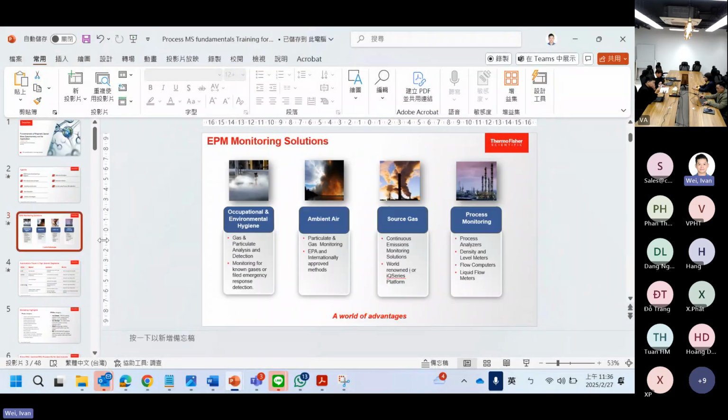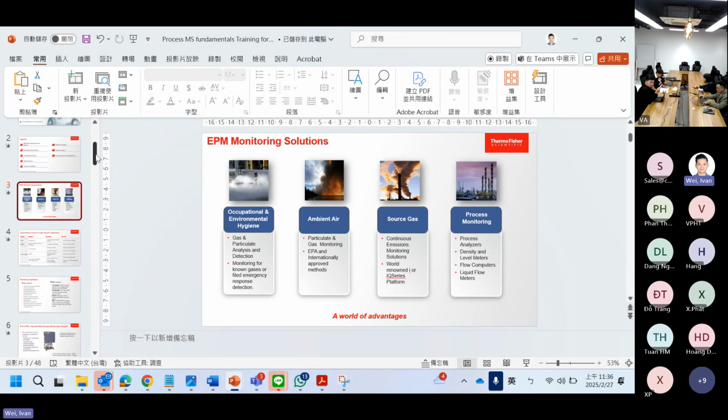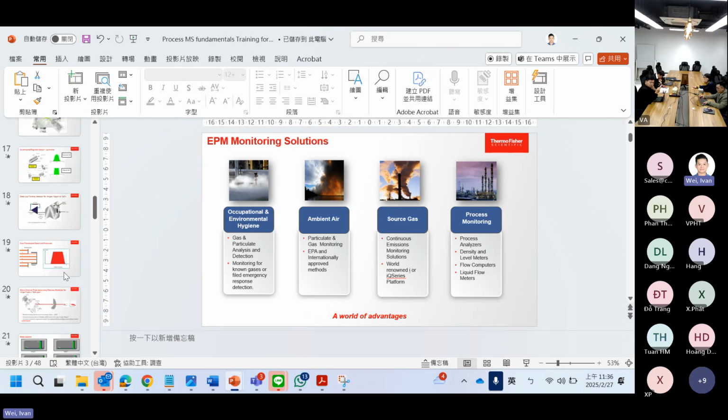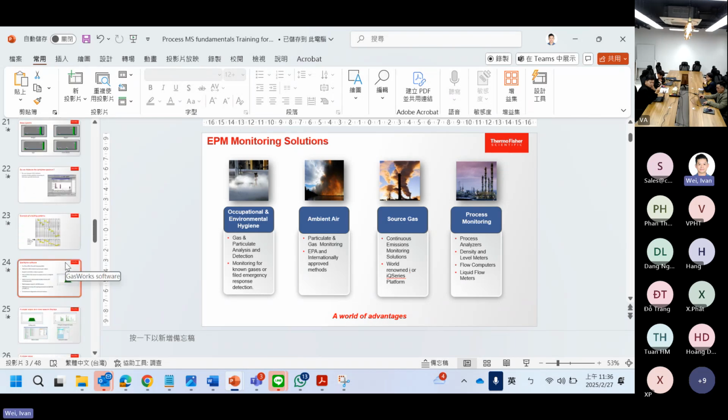Since we're talking about process monitoring, we are measuring processes. Of course, sometimes we're able to do CEMS monitoring using our Prima Pro. However, when you talk about CEMS, usually it's NOx, SOx, CO2, SO2, and other similar compounds.